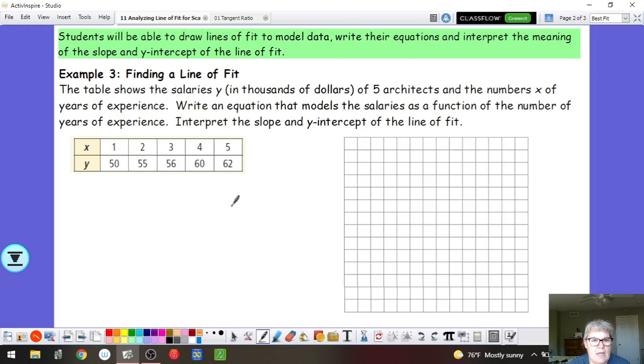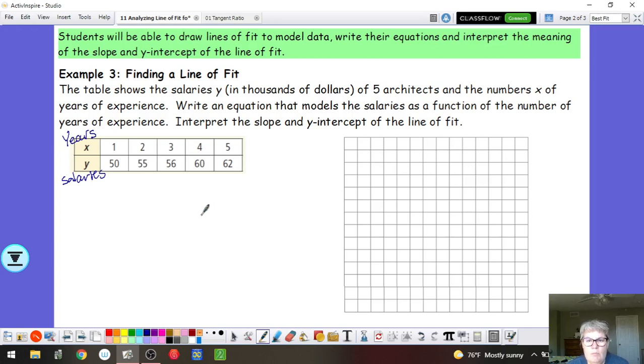Here we have a table that shows the salaries, Y, in thousands of dollars. So I'm going to make a note here that Y is salaries, of 5 architects and the numbers X of years of experience. So X is years.